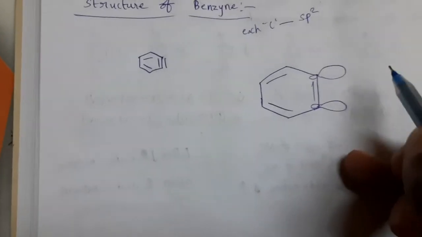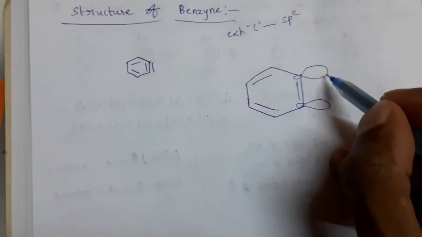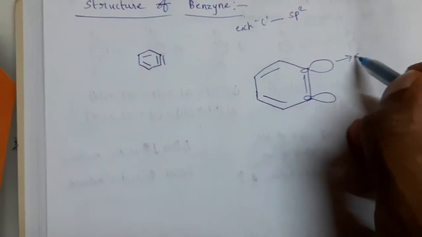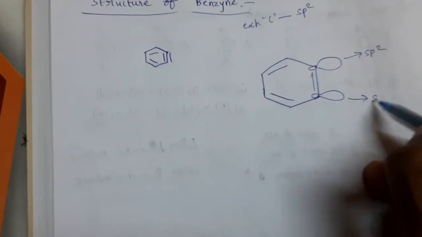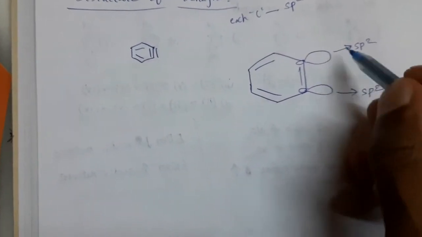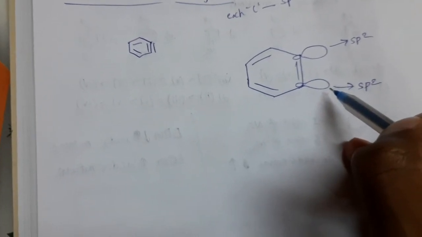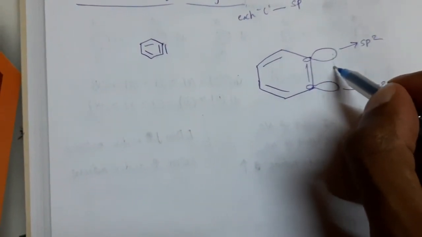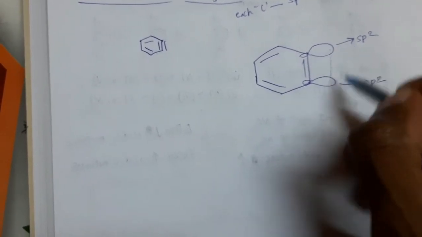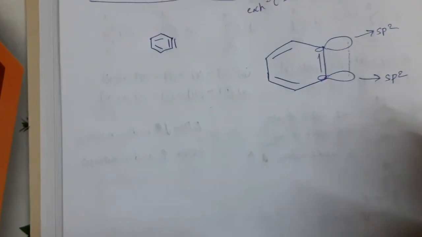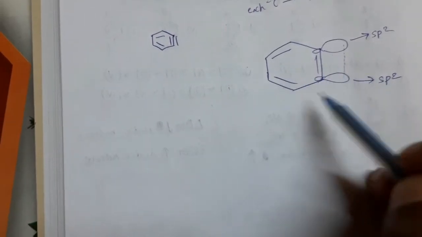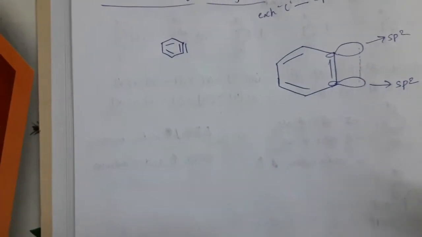Now in benzyne, two sp2 hybridized orbitals are adjacent to each other. This is an sp2 hybrid orbital, and this one is also an sp2 hybrid orbital. These orbitals undergo partial overlapping. These 2 orbitals are not present in the same plane of the benzene ring. Understand carefully.